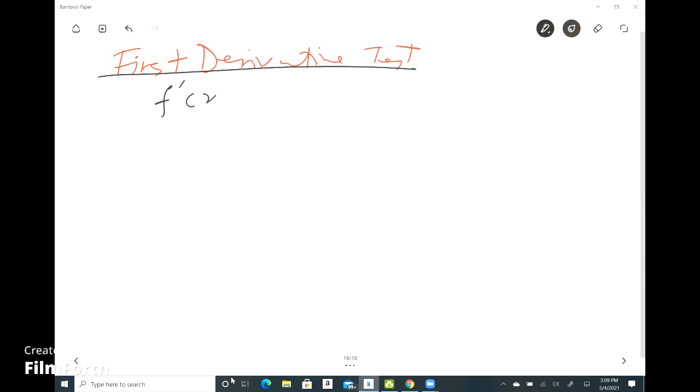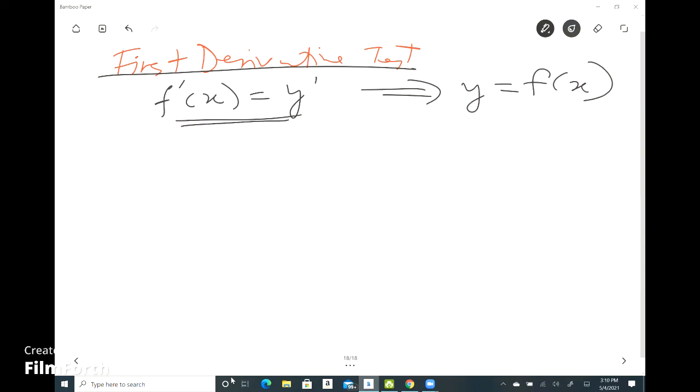So this is what you call the first derivative test. That means you want to relate. Here I give you this general idea first. We want to relate the behavior of the f prime of x or y prime to the function. How does the behavior of the y prime relate to the behavior of the function?